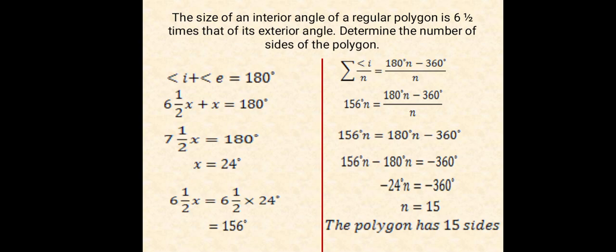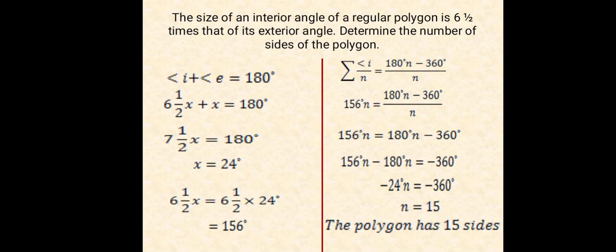Let's assume that the exterior angle is x, then automatically its interior angle will be 6.5x. So 6.5x plus x is equal to 180. Solve for x, x is 24. Now multiply x by 6.5, you find that the interior angle is equal to 156 degrees.